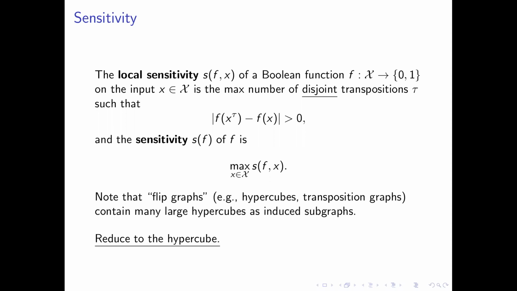I think that's the right definition of sensitivity to get those noise sensitivity results. It could be that there's a way of doing noise sensitivity in our scenario, but I haven't thought about that.